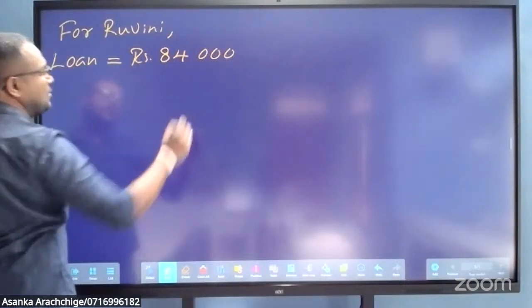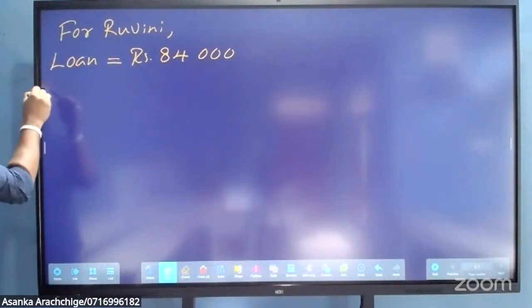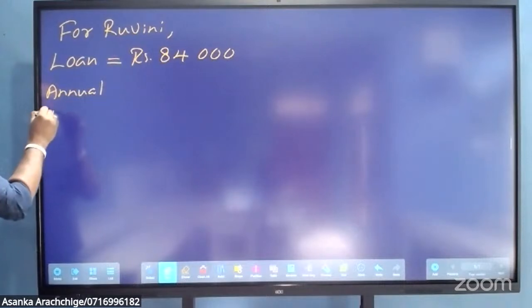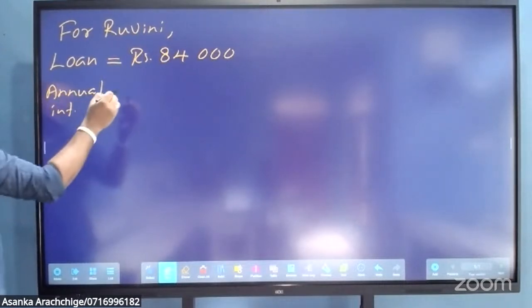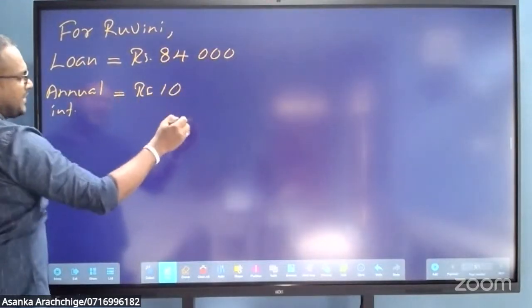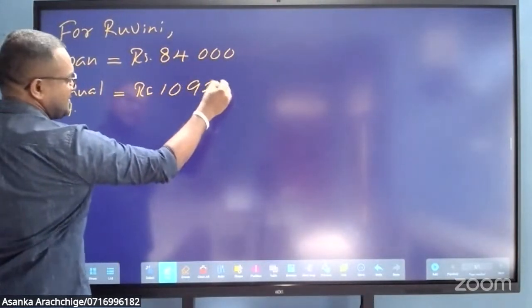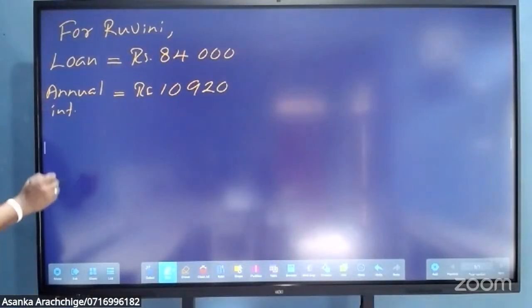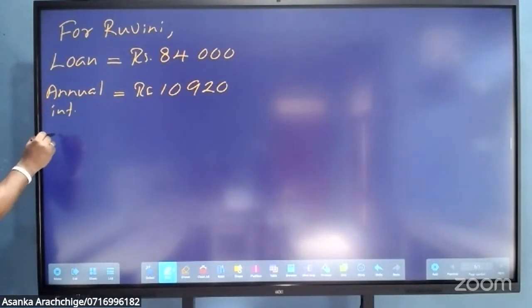The annual interest that Ruvini has paid is 10,920 rupees. So this is the total interest per annum. Am I correct? 10,920. Now from this we can find the annual rate of interest.